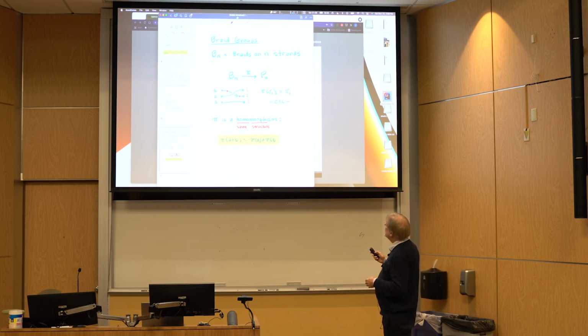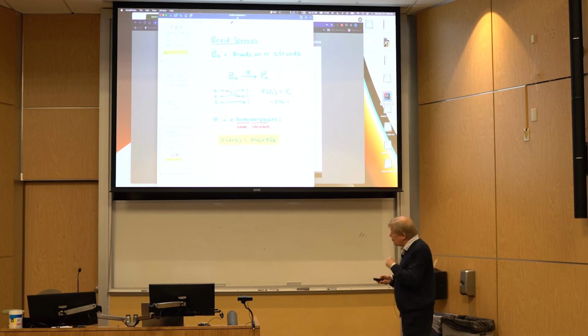Now, what about the relationship between braids and permutations? I claim that there's a nice map that goes from the n-strand braid group to the permutation group on n letters. If you rotate this diagram 90 degrees so that it's pointing down, you can think of this red dot as traveling downwards under the force of gravity, or maybe there's a wind and it's being blown across from left to right.